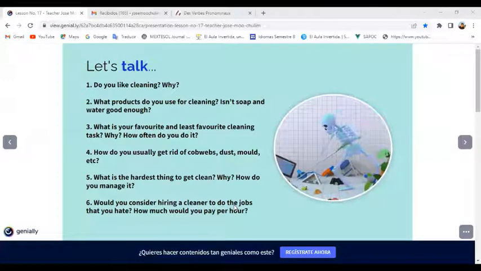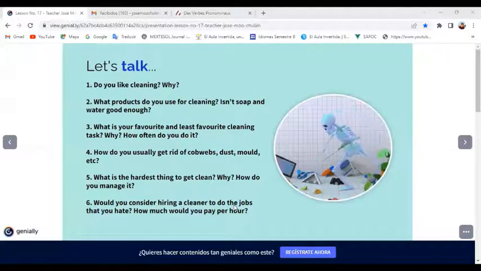I think yes, because, as Edgar mentioned, you can have the things organized, and it's easier and more comfortable to have everything clean. Okay, thank you, Alejandro. For you, it's more comfortable to have your things cleaned and organized. Okay, thank you so much, guys, for this first question.